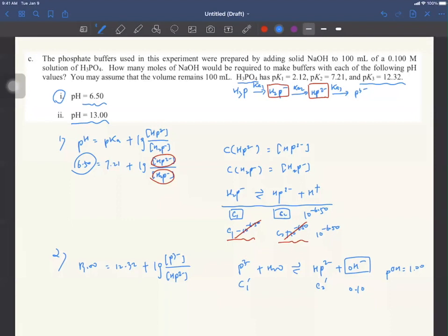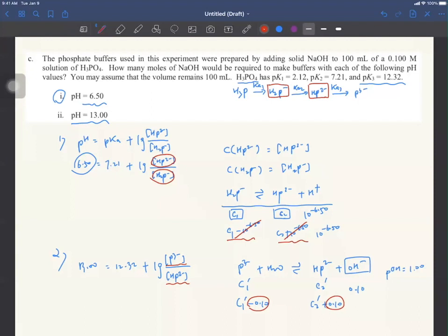This is why you cannot ignore the C1 prime minus 0.1, and you cannot ignore the C2 prime plus 0.1. Basically, the 0.1 is comparable with C1 prime and C2 prime. So in this case, we cannot simply accept that the equilibrium molarities of these two are equal to the initial molarities.